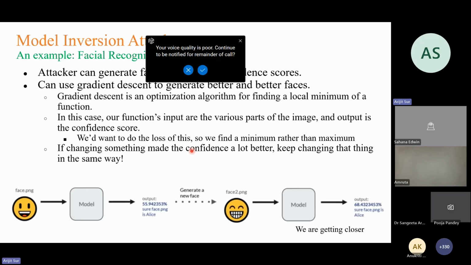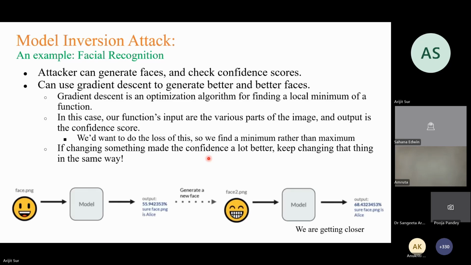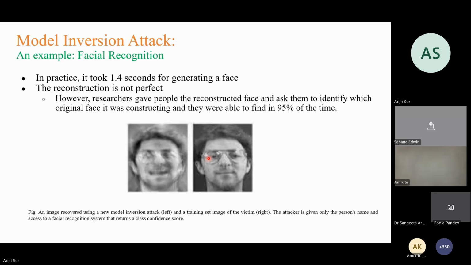Depending on the confidence score, they try to find the images. The reconstruction is definitely not perfect. Nowadays, it can easily be done by a generative model, so GANs can also be used.